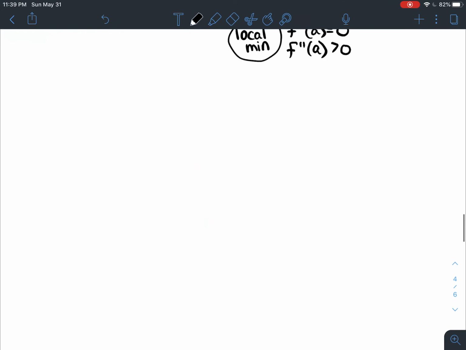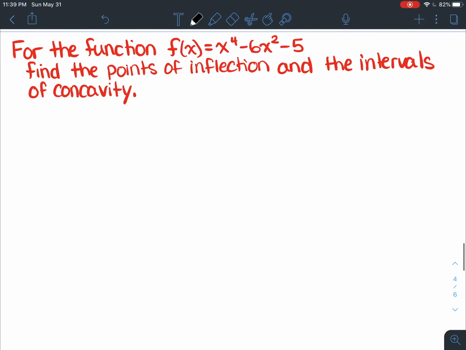Okay, why don't we try one? For the function f of x equals x to the power of 4 minus 6x squared minus 5, we're going to find the points of inflection and the intervals of concavity. Before we even start, why don't we find the first and second derivative? The first derivative of the function is 4x to the power of 3 minus 12x minus 5.